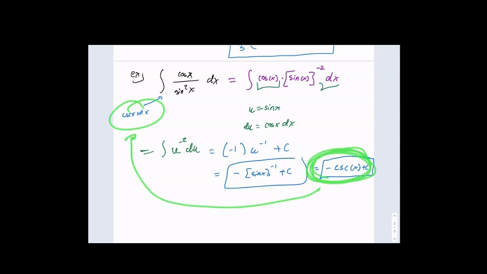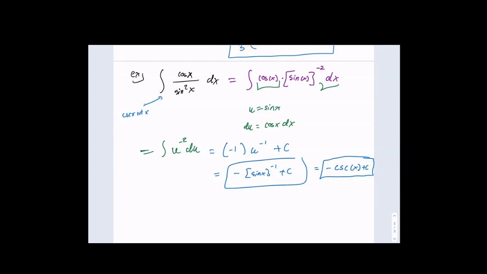But of course, you're not going to memorize those types of parts. You're just going to go through the processes. But I want you to know that this is the same relationship as cosecant times cotangent, and the derivative of negative cosecant gives you that. Like I said, you don't memorize that. Okay, 10 minutes.